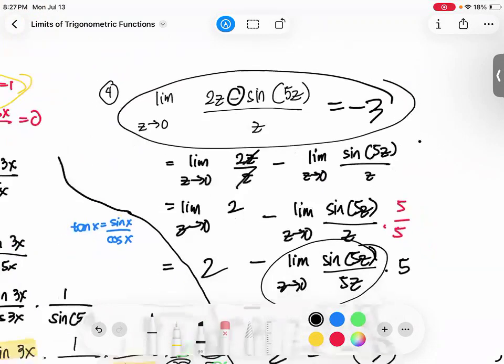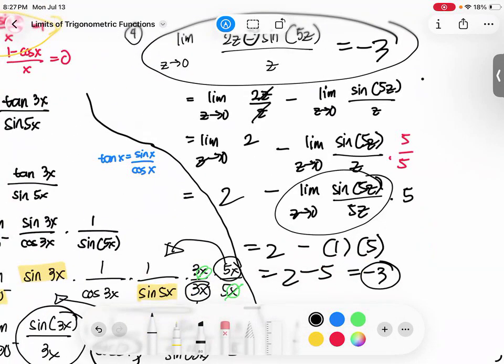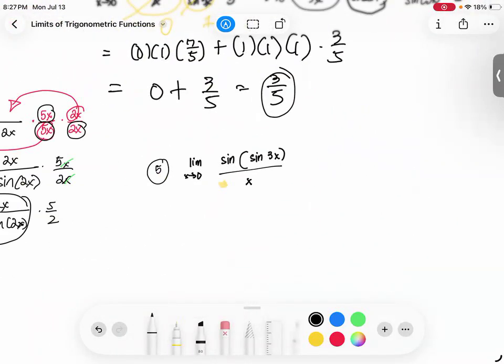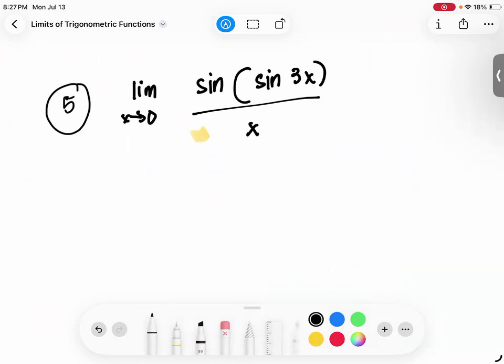Okay, now let's have the last one. We have the limit of sine of 3x over x as x approaches 0. Now keep in mind that for the identity to hold, the argument of sine and the denominator should both approach 0.